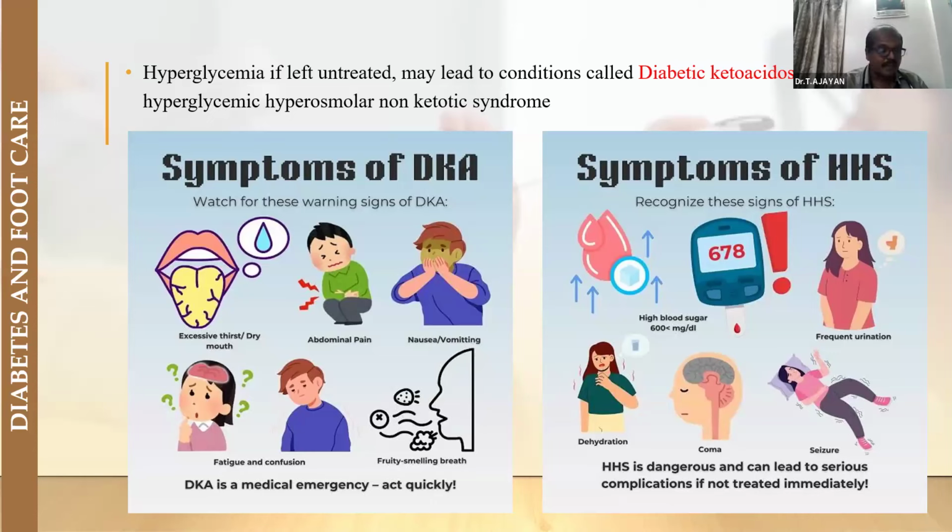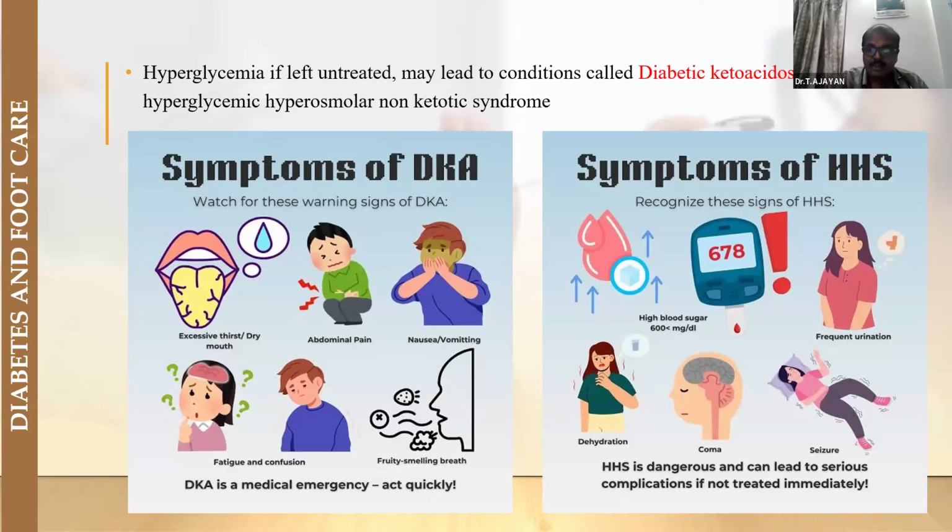Therefore, we must carefully manage that situation. The symptoms are high blood sugar greater than 600 milligram per deciliter, frequent urination followed by dehydration, and coma and seizure. These are the common presentations of hyperglycemic hyperosmolar non-ketotic syndrome.